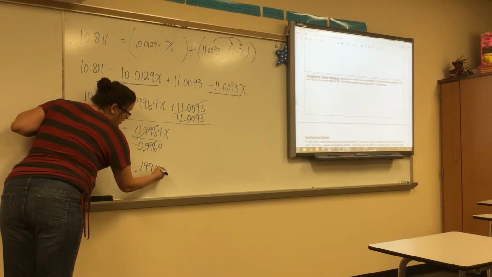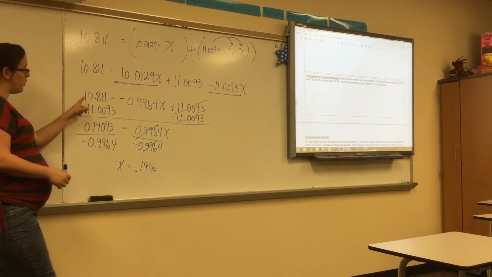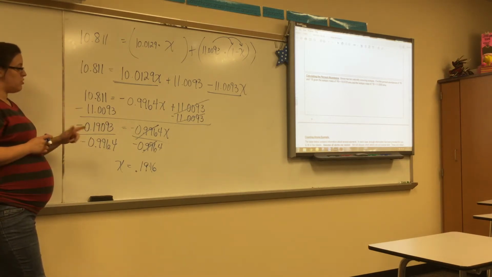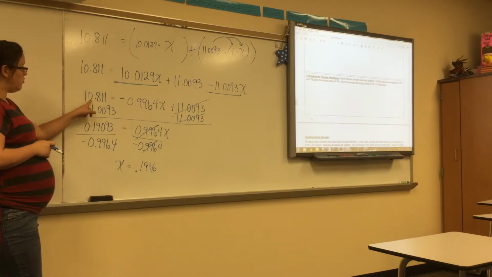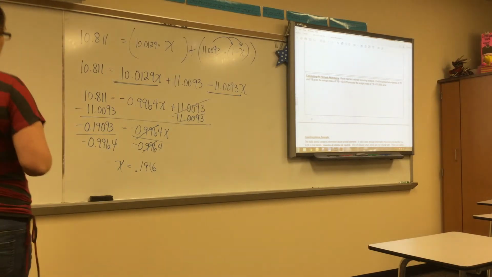Sorry, 0.1996. So then, hang on, real quick. Double check this minus this. So we should get 0.1990. Okay. Do 10.81 minus 11 point. Answer. 0.0093.